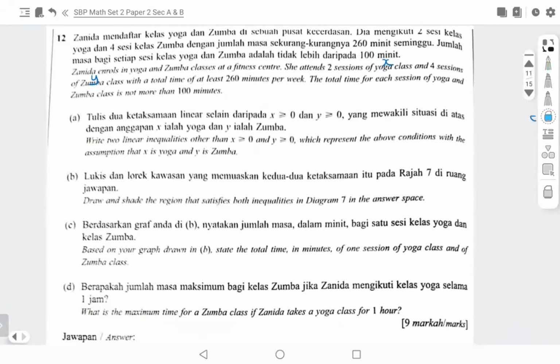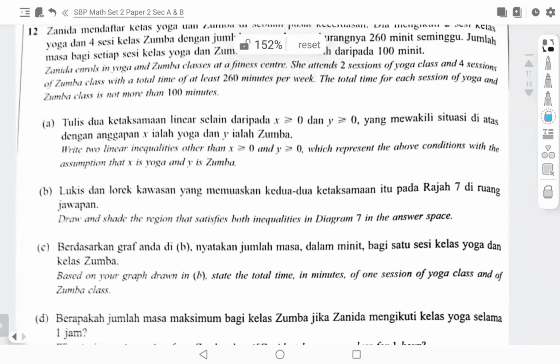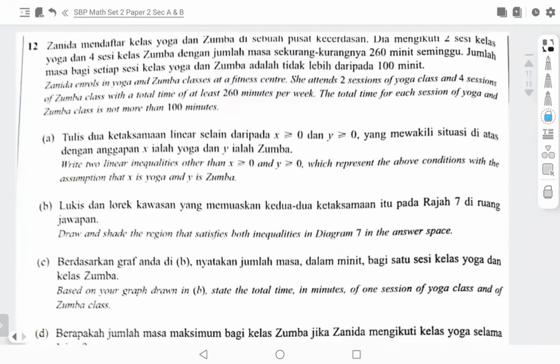Okay, number 12 is chapter 6 in Form 4. Zanida enrolls in yoga and Zumba classes at a fitness center. She attends 2 sessions of yoga class and 4 sessions of Zumba class with a total time of at least, the keyword here, at least 260 minutes per week.